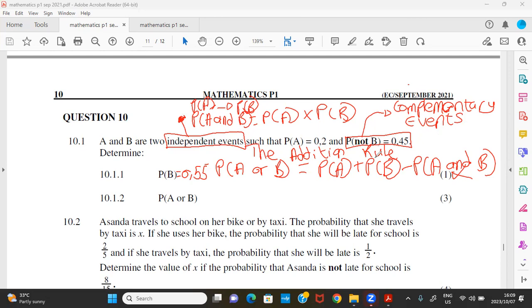So already we know the probability of A, right? Our probability of A was given as 0.2.